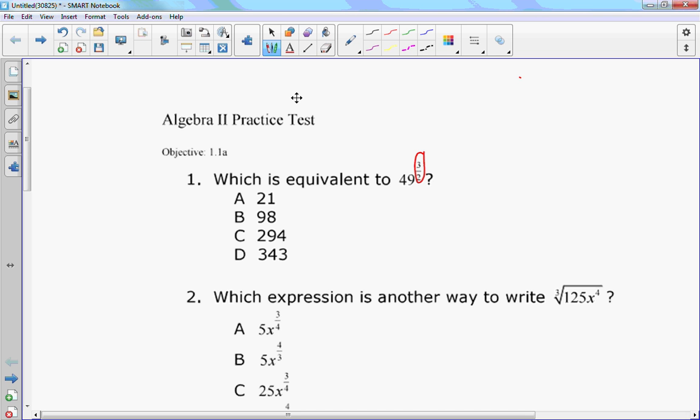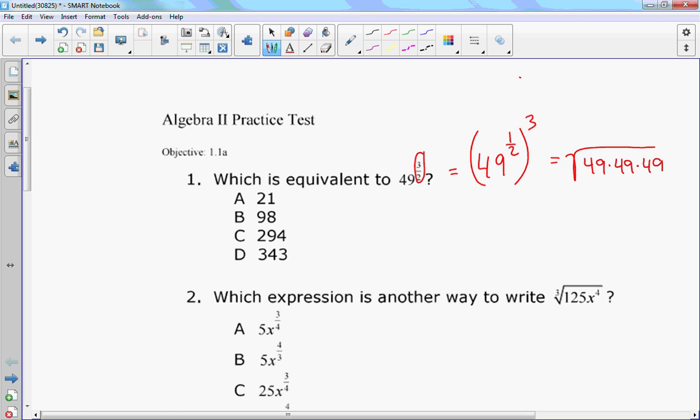Square root. Anything to the 1/2 power is a square root. This is 49 to the 1/2 power to the 3rd power. So it's really taking the square root of how many 49s? 3.